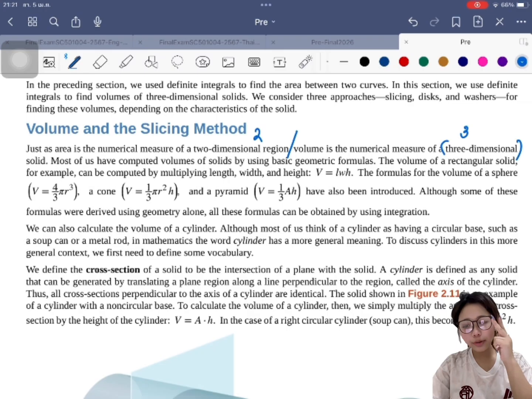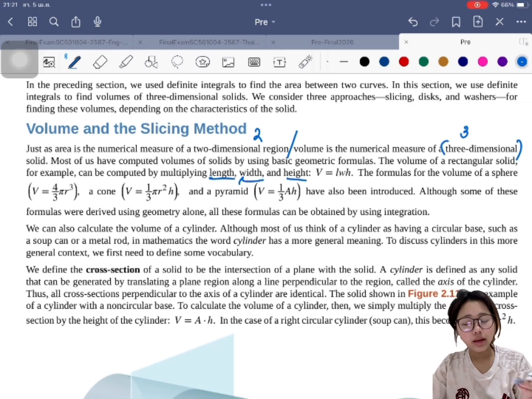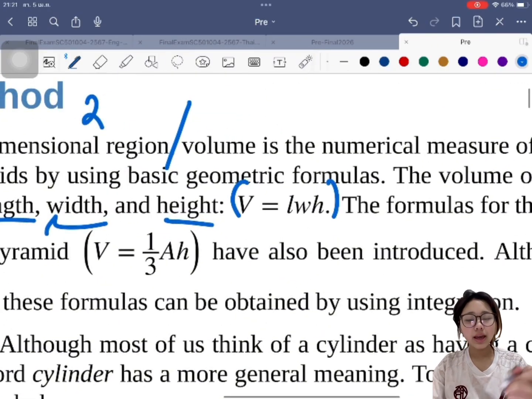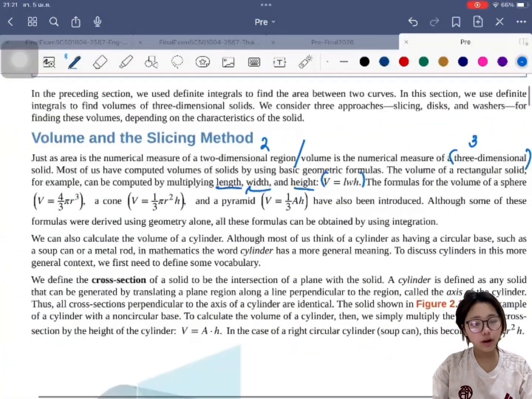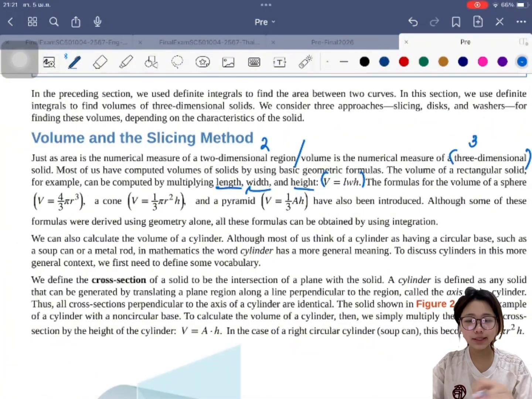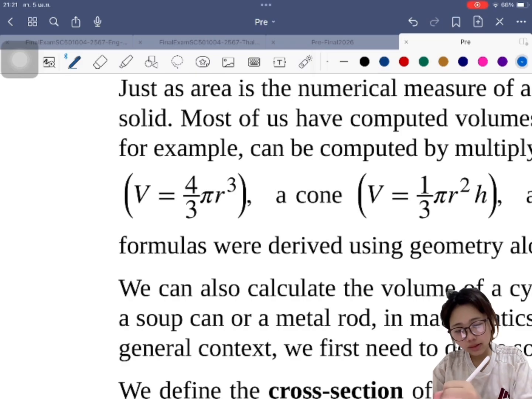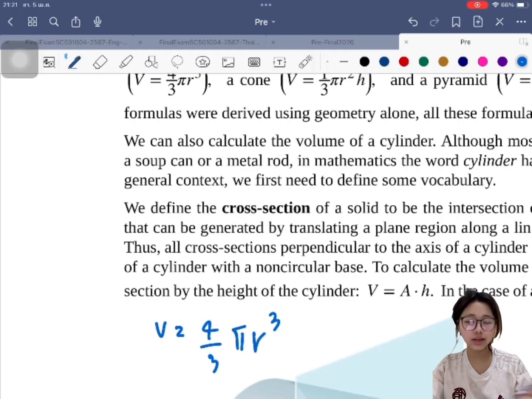It can be computed by multiplying length, width, and height: V equals L W H. The formula for the volume of a sphere is V equals 4/3 pi r cubed.